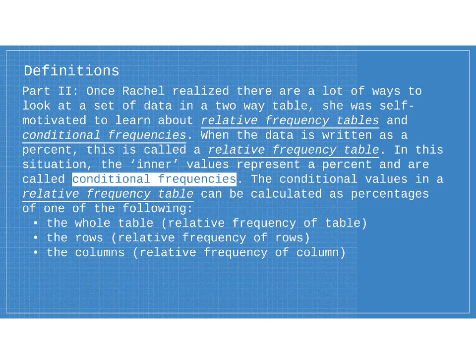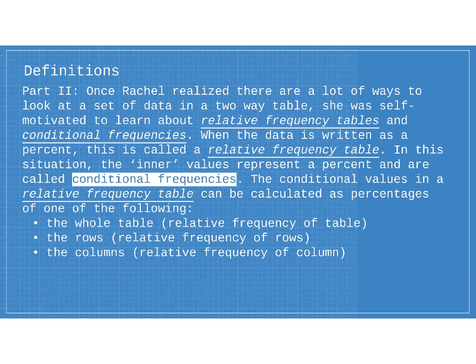When the data is written as a percent, this is called a relative frequency table. So up until this point, we've just been putting in data points or values. In a relative frequency table, we're going to put in percents. And in this situation, the inner values represent a percent and are called conditional frequencies.